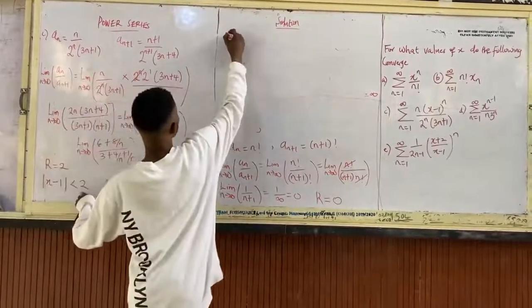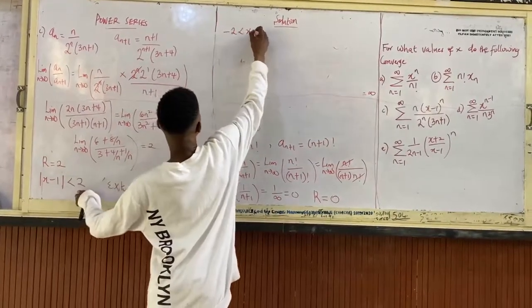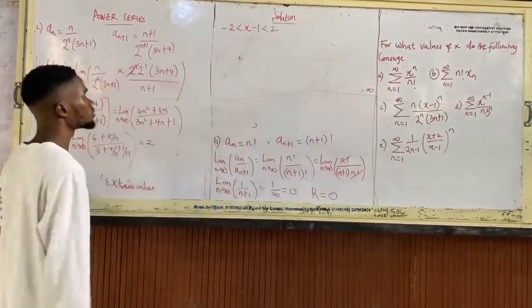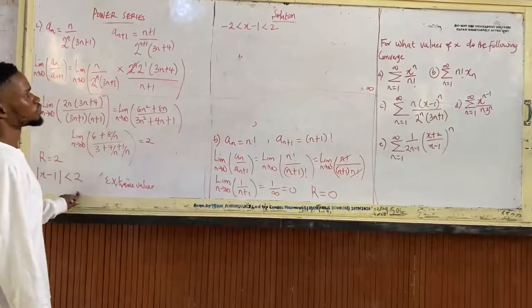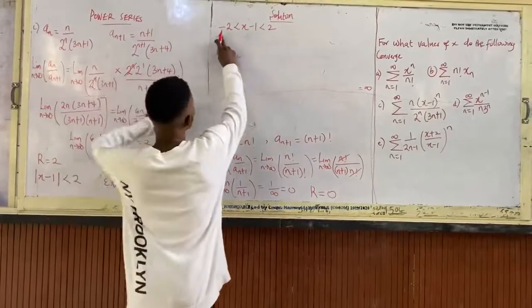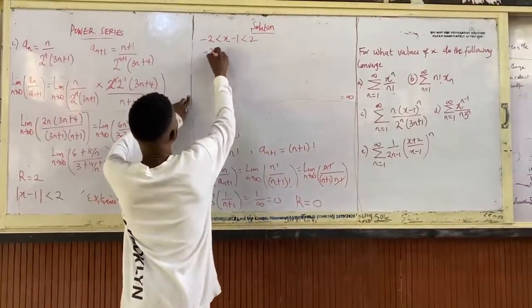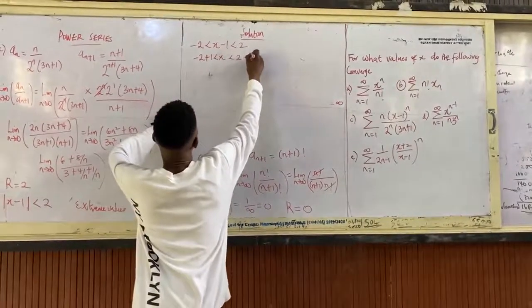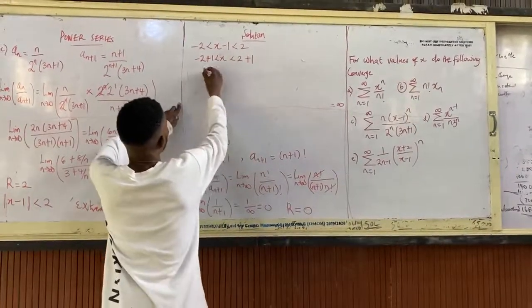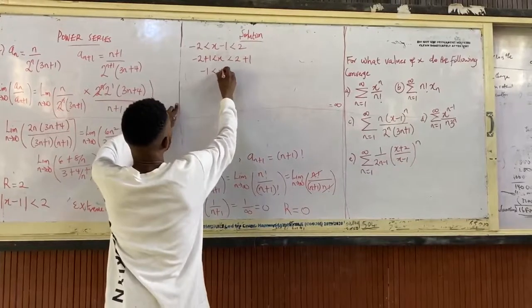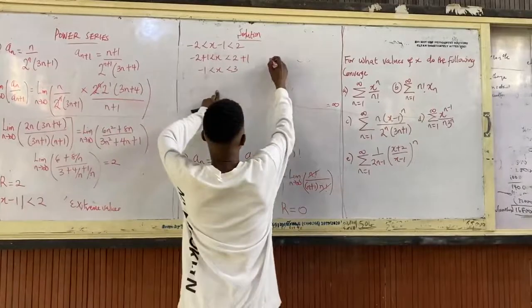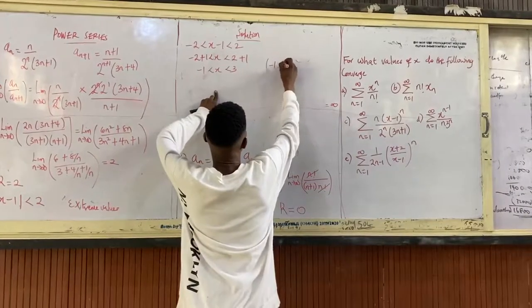It's the same thing as minus 2 less than x minus 1 less than 2. So this is the same thing as minus 2 plus 1 less than x less than 2 plus 1. So that's minus 1 less than x less than 3. So the extreme values are minus 1 and 3.